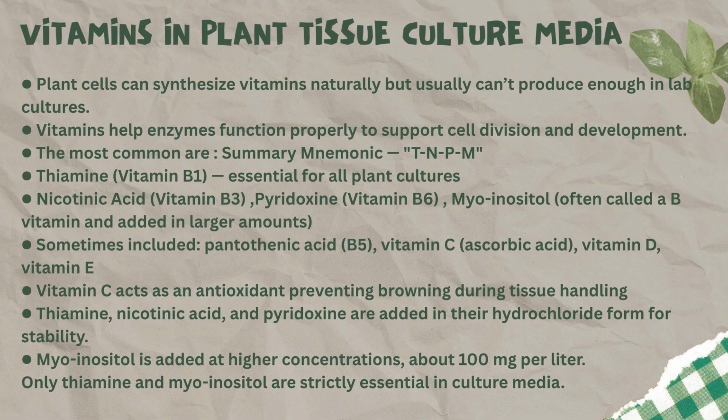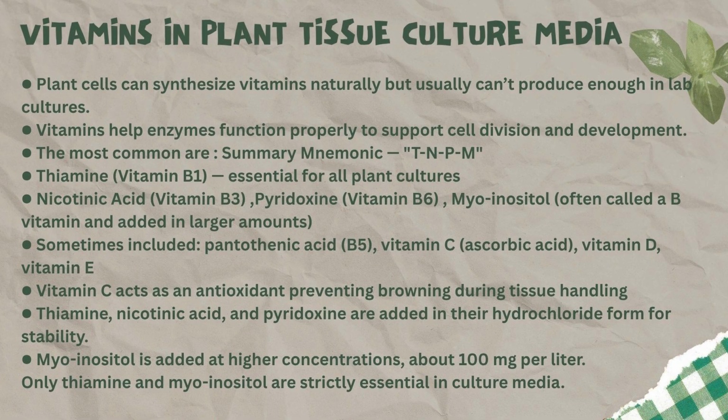We can remember them using T and PM. Thiamine, absolutely essential for all plant cultures. Then nicotinic acid, vitamin B3, pyridoxine, vitamin B6, and myo-inositol, often called a B vitamin and added in larger amounts.